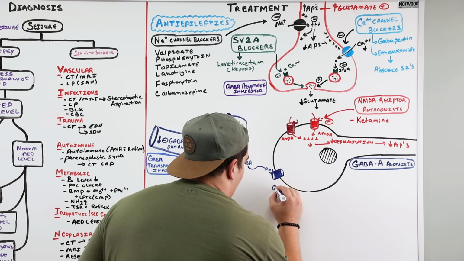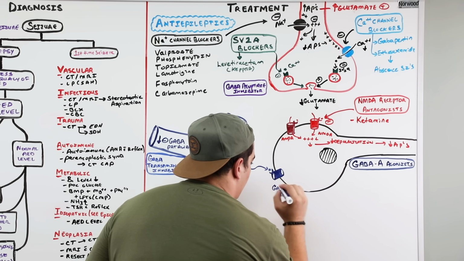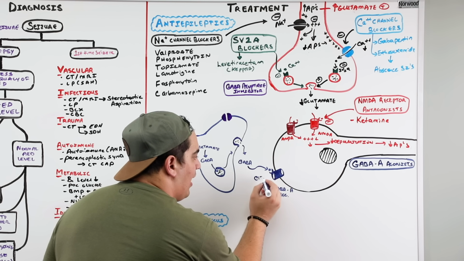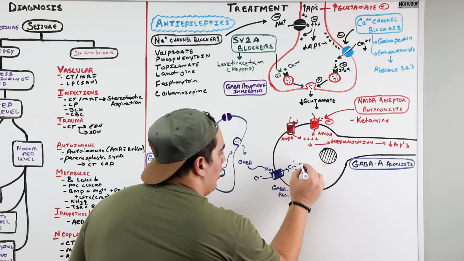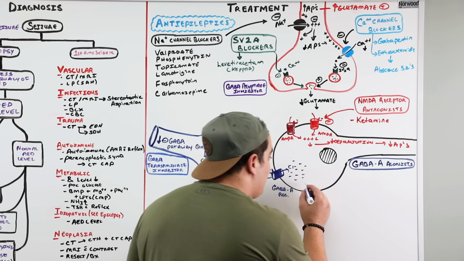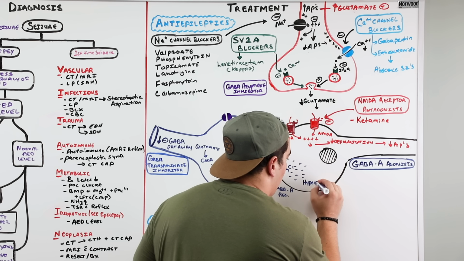And these receptors are called GABA A receptors. When it binds onto the GABA A receptors, the channels open and allow for anions like chloride to enter into the cell, making the cell extra negative. It becomes super, super negative, and this causes hyperpolarization.